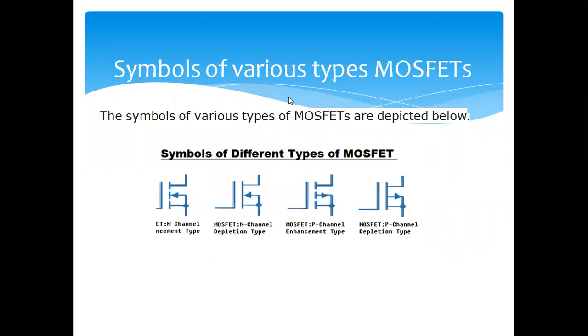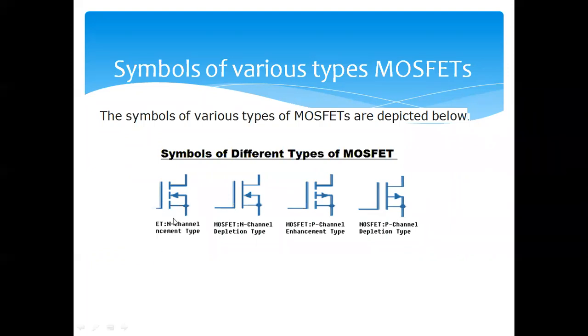So the symbols for different types of MOSFET: the first one is an N channel enhancement type MOSFET. As it's an N channel, the arrow indicates towards the gate, right? The arrow indicates towards the gate, and the current flow shown is away from the gate. That's the N channel.